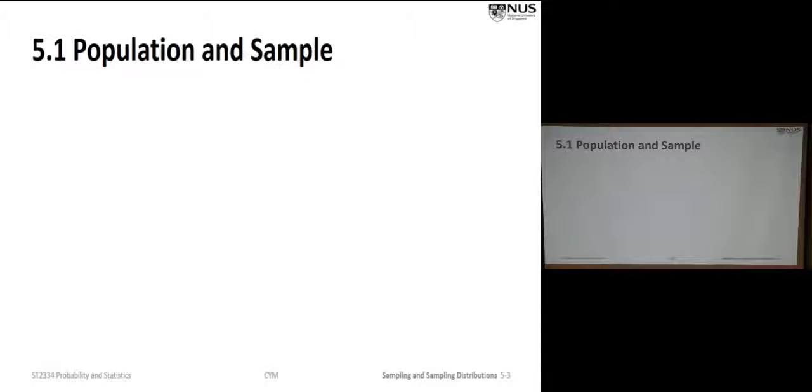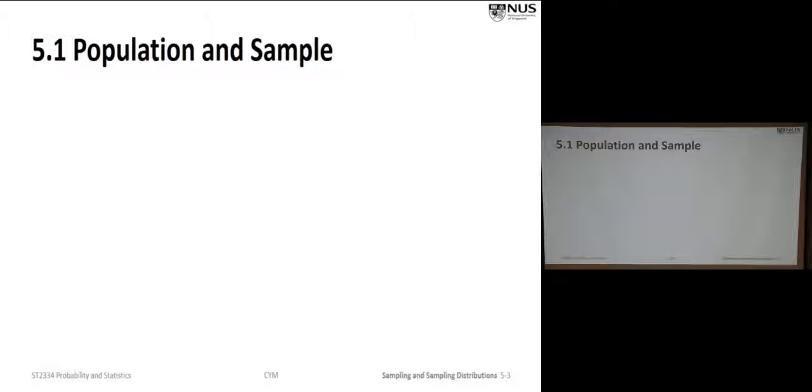But what happens if the population is so huge that we may have problems in getting to know the characteristic of each of the individuals in the population? What we try to do is to look at a subset of the population. We call this a sample, and then study this sample.